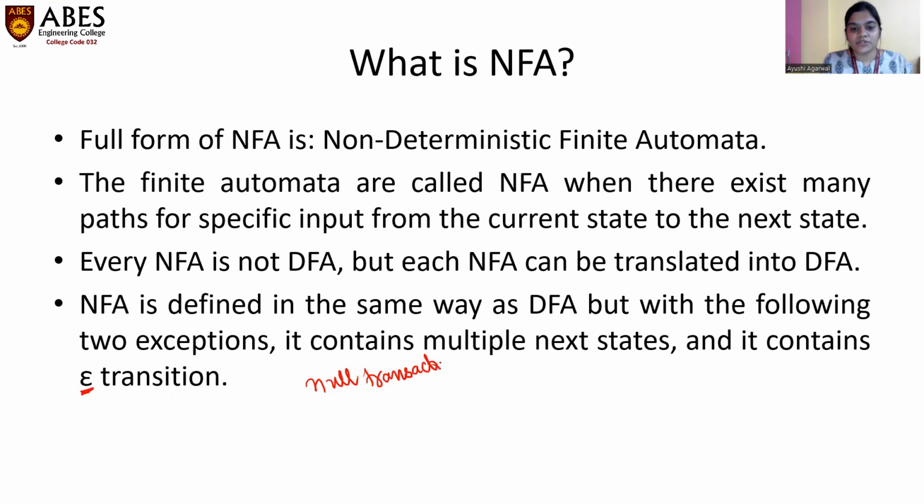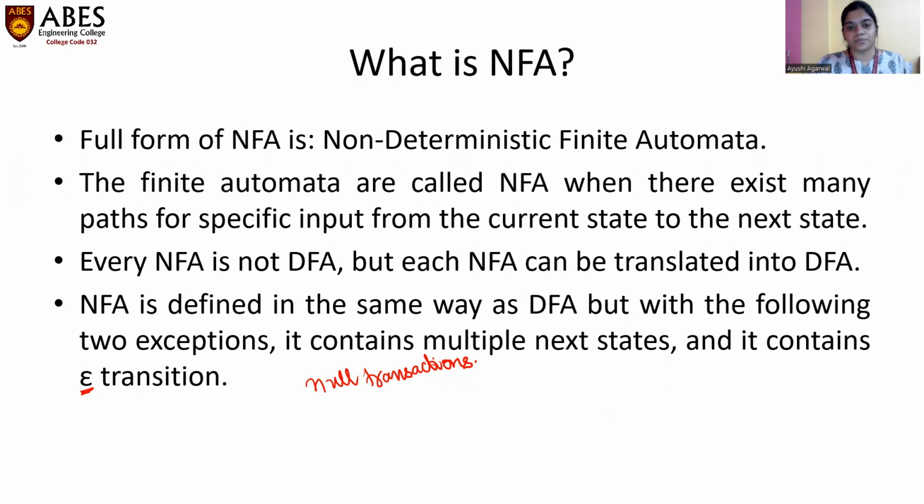Now, what is a null transition? Null transition means you are not reading any input symbol for moving from current state to the next state. That particular movement from one state to another state is said to be a null transition.